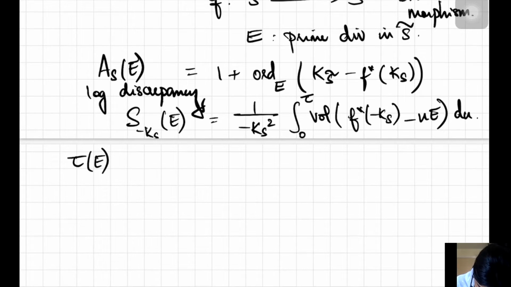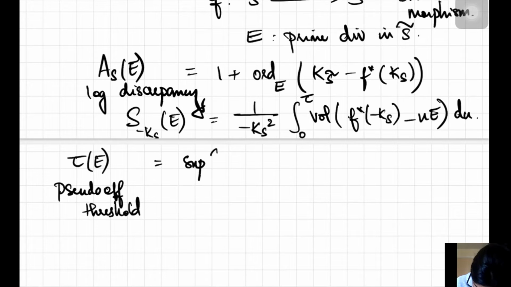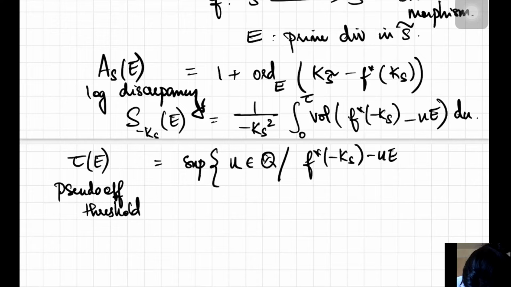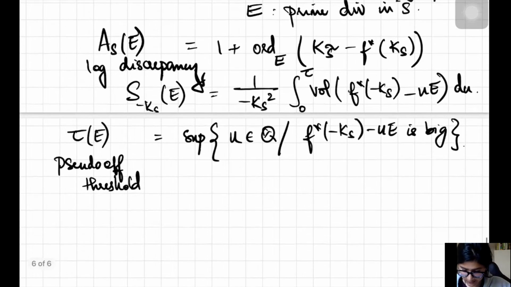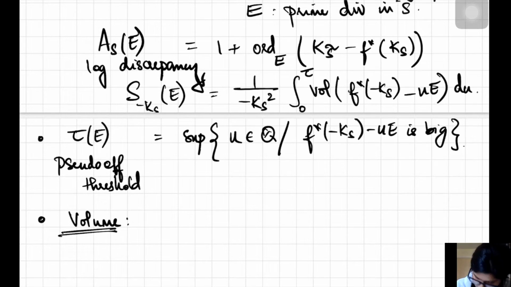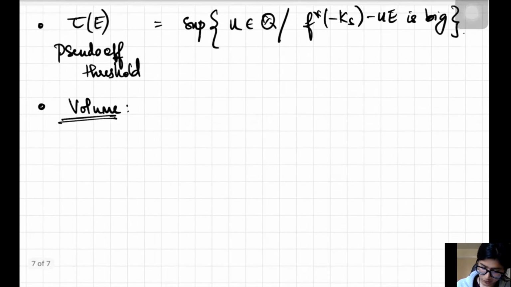This is called the pseudo-effective threshold, and you can define it as the supremum of all the u's such that the divisor I'm looking at is big or pseudo-effective. So this is one thing that might not have been familiar, and volume. I thought it might be useful to give you certain properties of the volume that we will need to do certain computations.